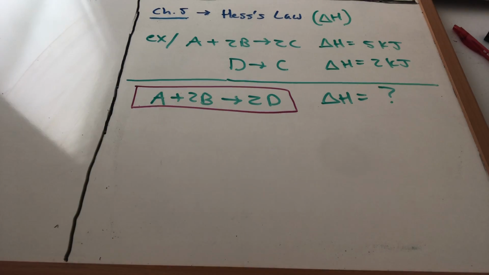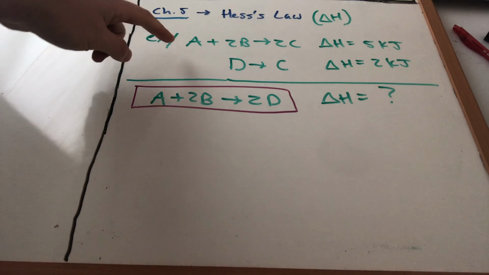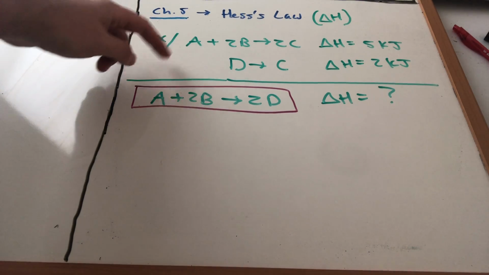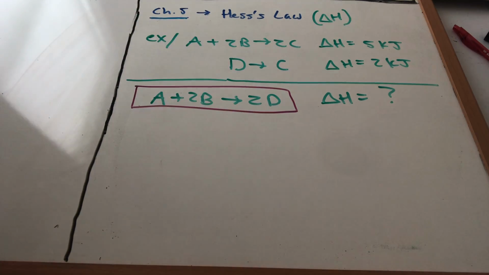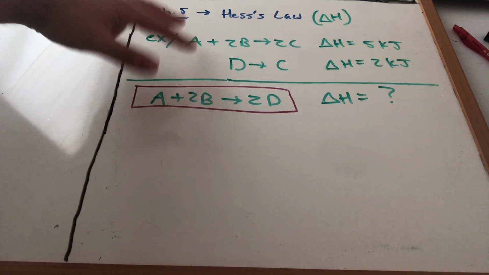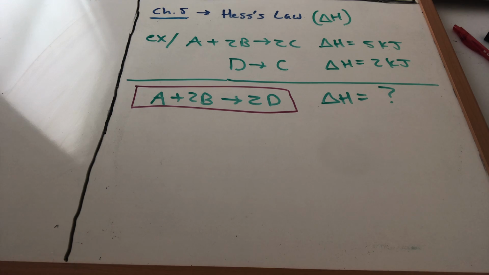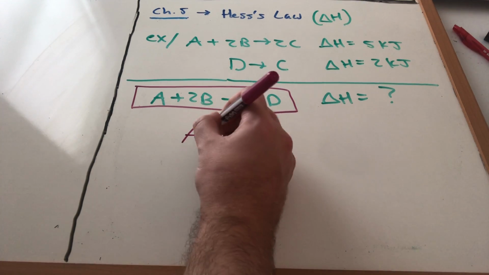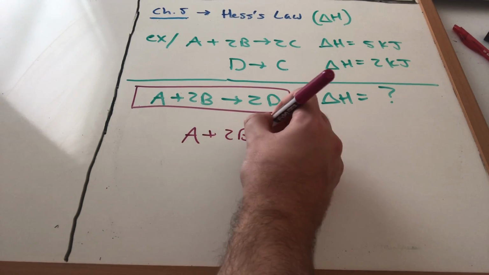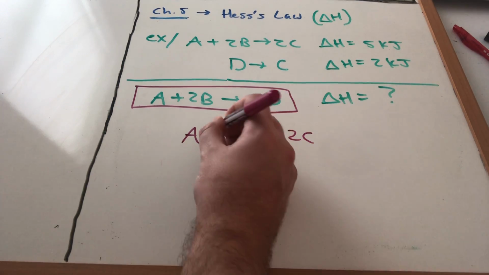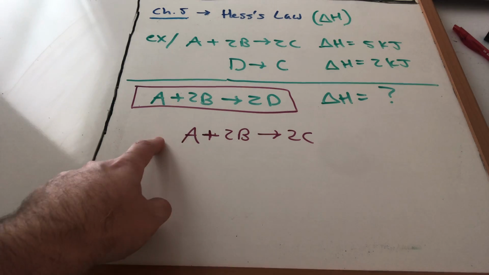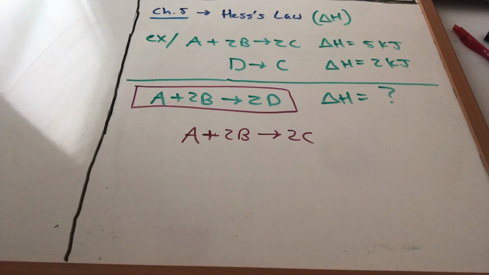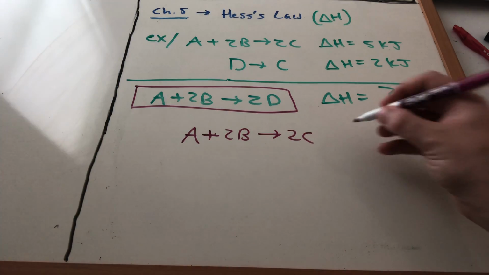So the first step for this example problem is easy, okay? If I look at this, there's an A on the reactant side, and there's a 2B on this side. That's the only place I see A and 2B up here. So I need to not do anything to this reaction because it has the correct species in the correct spots with the correct coefficients, except there's a 2C here.